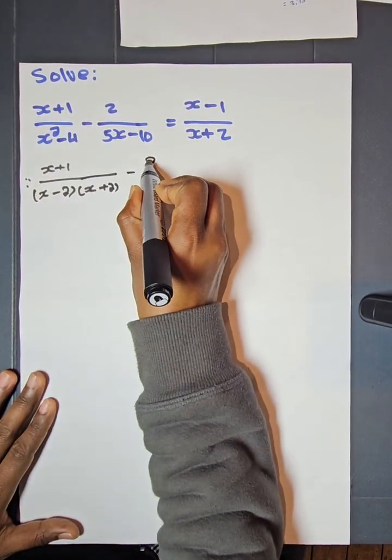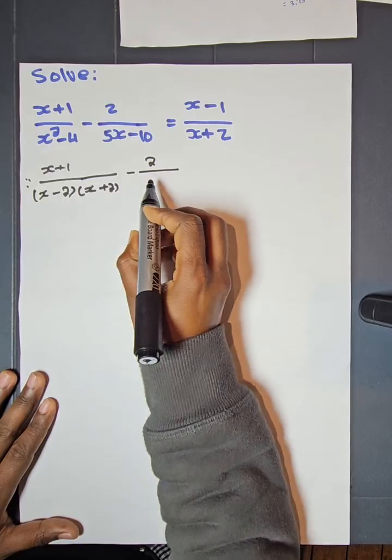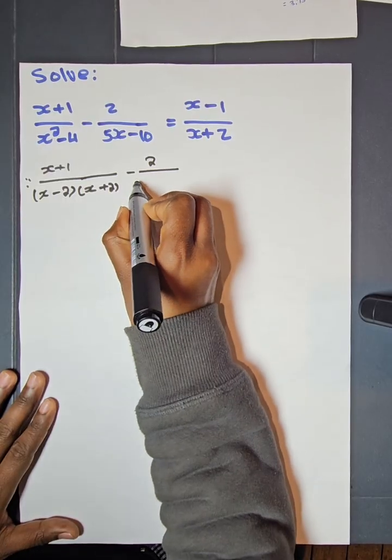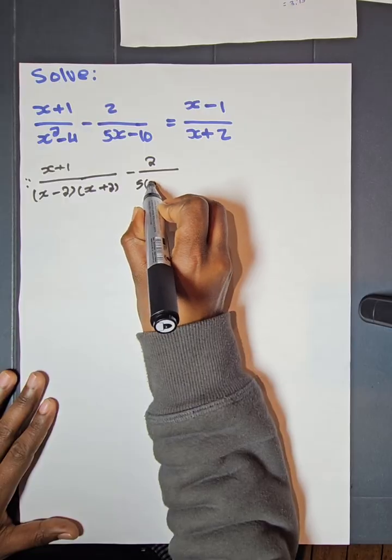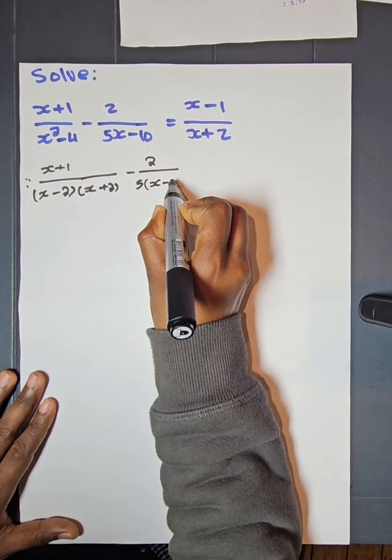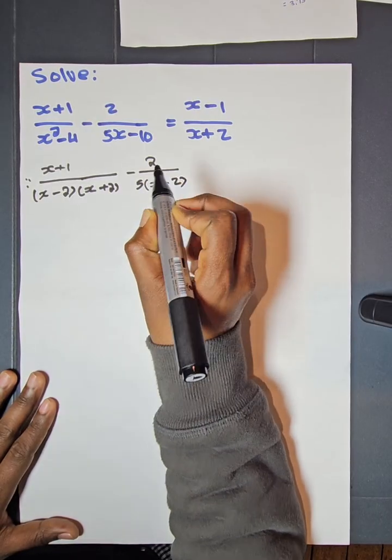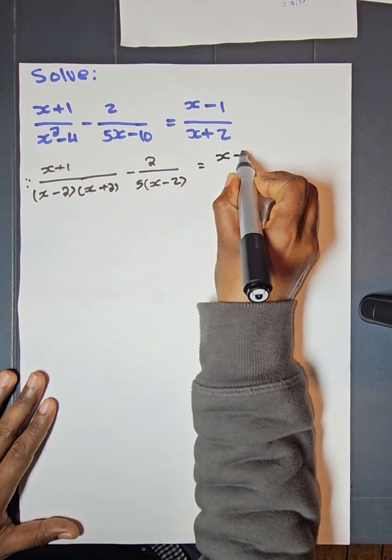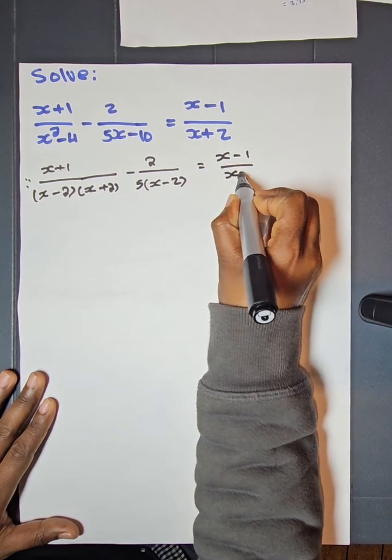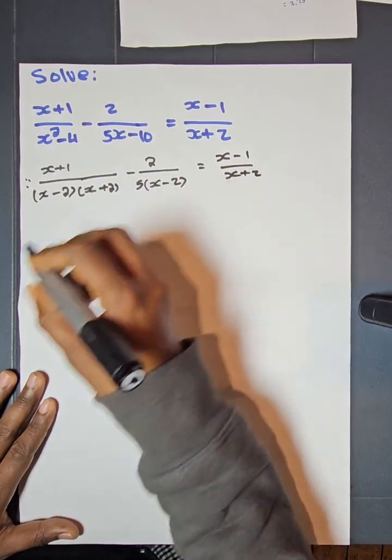Minus 2/(5x − 10) can be factorized by taking out the common factor 5, and inside the bracket we are left with x − 2, equals (x − 1)/(x + 2).